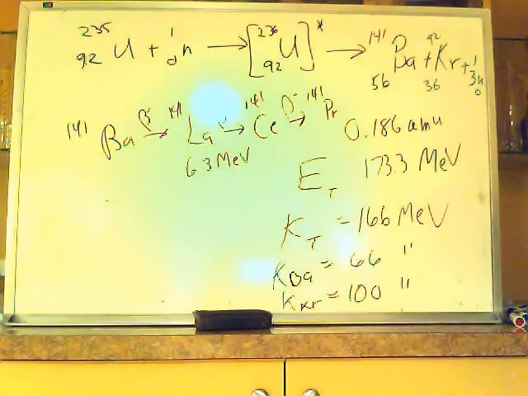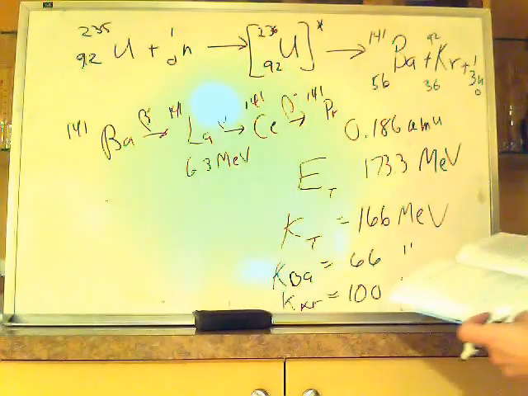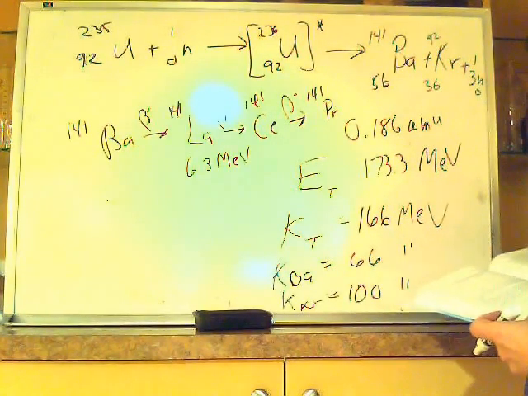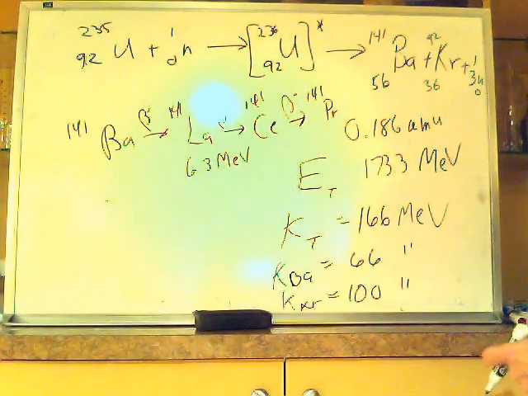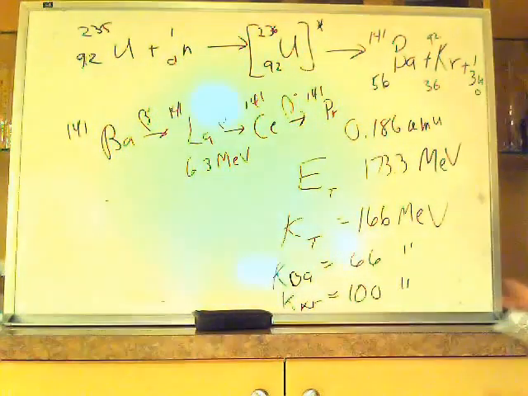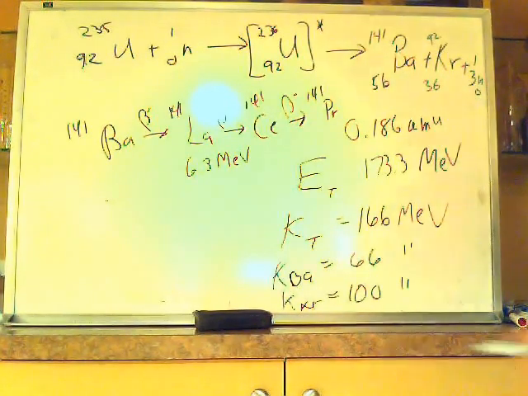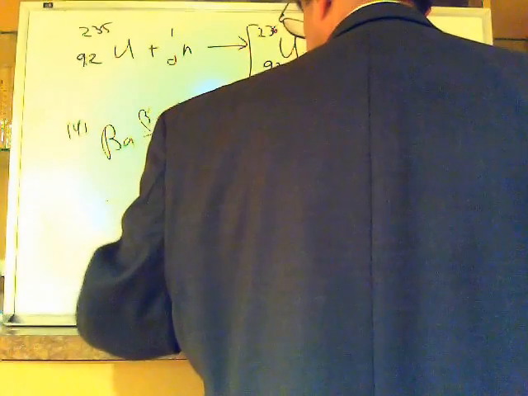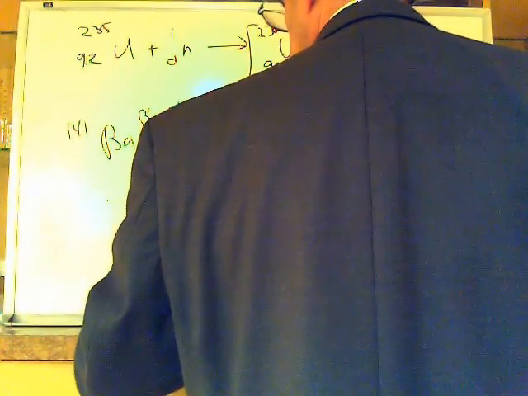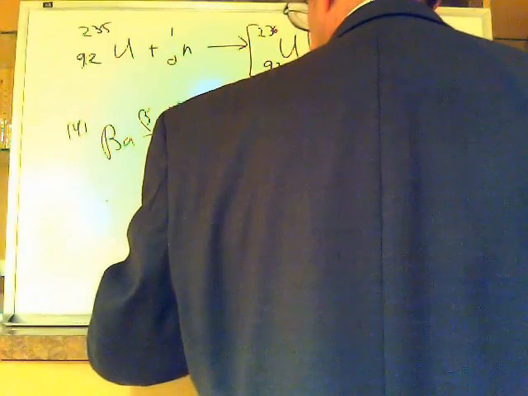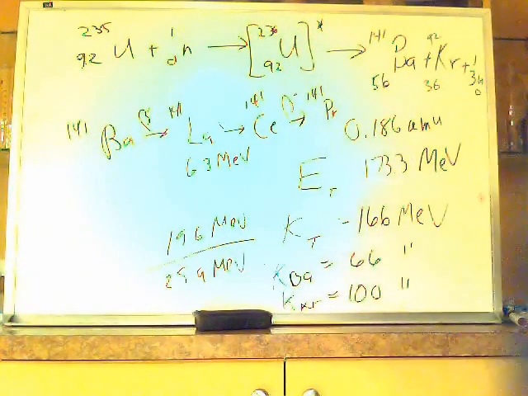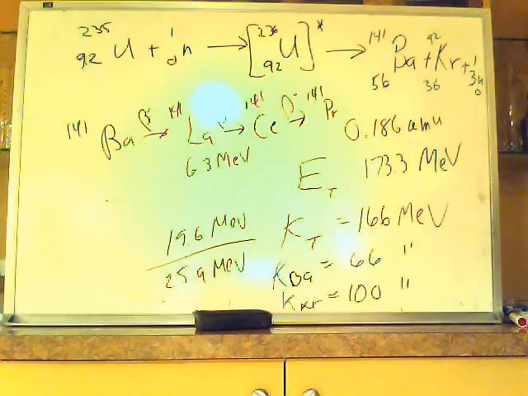It goes from krypton-92 to rubidium-92 to strontium-92 to yttrium-92, and finally to zirconium-92. As you would expect, since there are more beta particles, and these happen to be more energetic as well, when we add all of those up we get a total of 19.6 MeV. And so the total energy here is going to be 25.9 MeV. That would be the total delayed energy for that particular reaction.